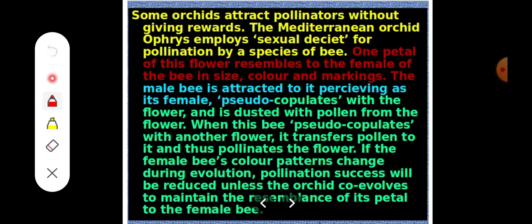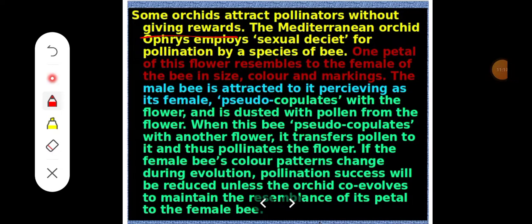Now another example we have, some orchids, they attract pollinators without giving rewards. Okay.